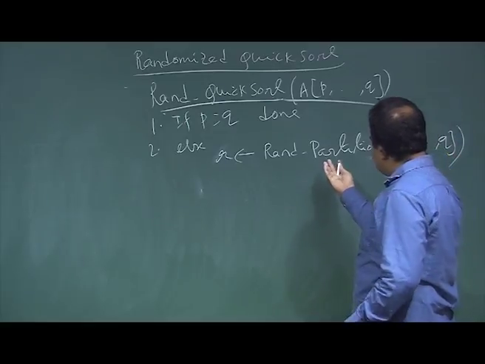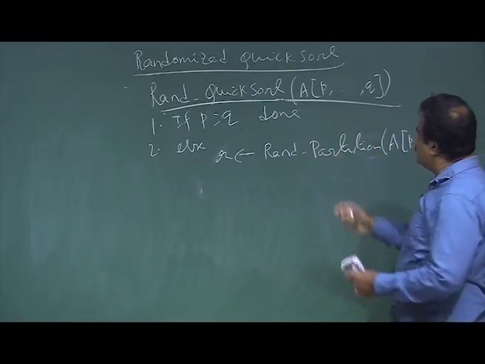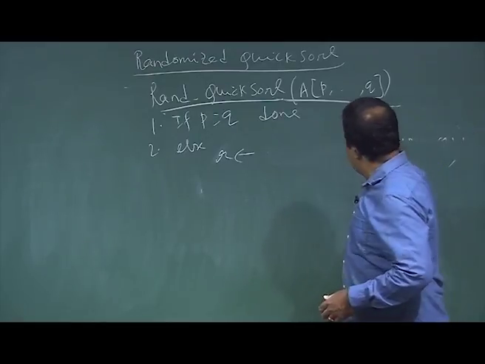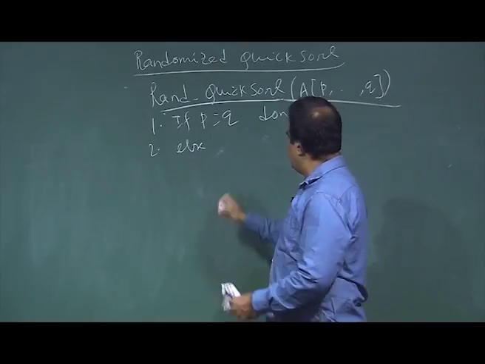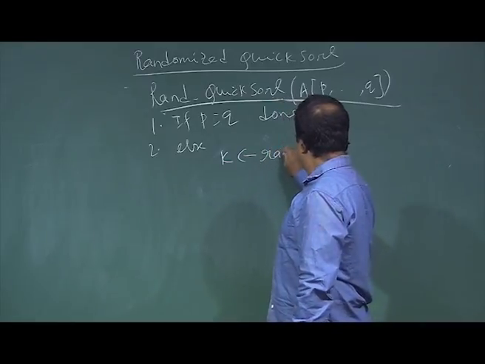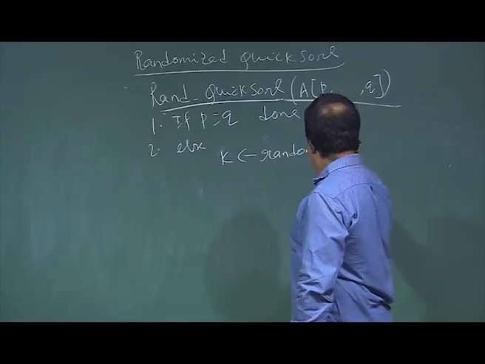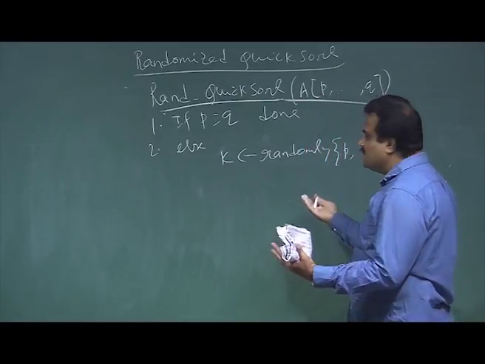Even if we want to use our original partition, we know it takes the first element as the pivot. So what we do is choose a k randomly from this set. We generate a random number, choose a k from this set, and then ak is our pivot.